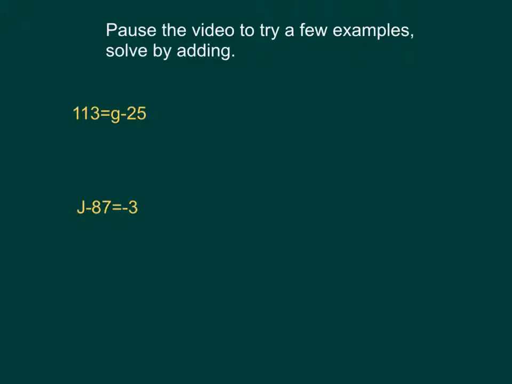Let's look at the first example. 113 equals g minus 25. Again, we're trying to get our variable by itself. So whatever's happening to the variable, you do the opposite. Right now it's subtracting 25, so we're going to add 25 to both sides. By adding 25 to this side, it goes away, and it just leaves us with g.